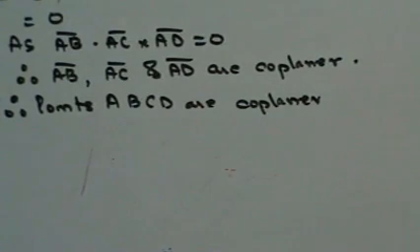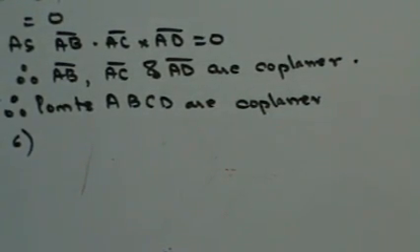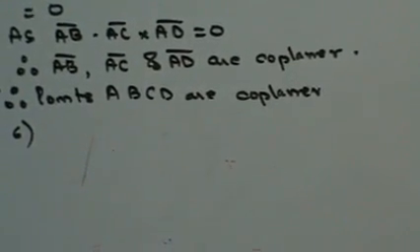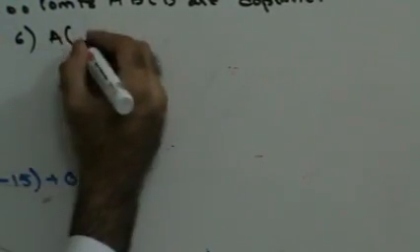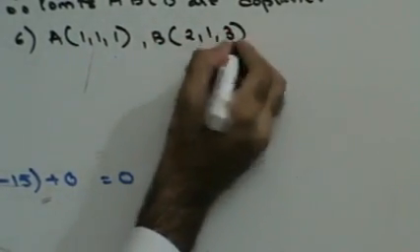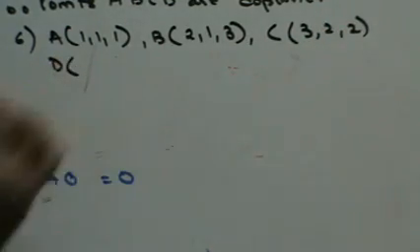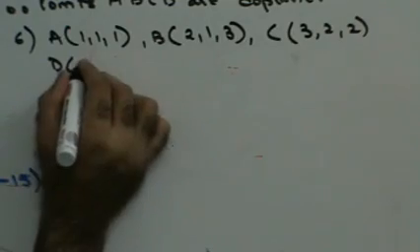Right? Next, let's see the next one, guys. A is 1 comma 1 comma 1, B is 2 comma 1 comma 3, C is 3 comma 2 comma 2, D is 3 comma 3 comma 4.